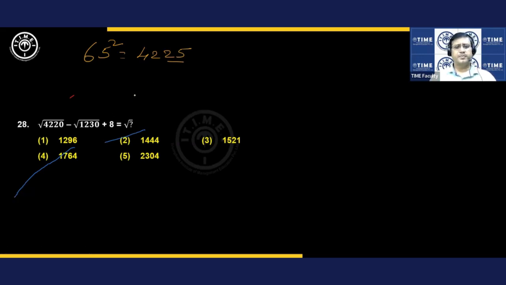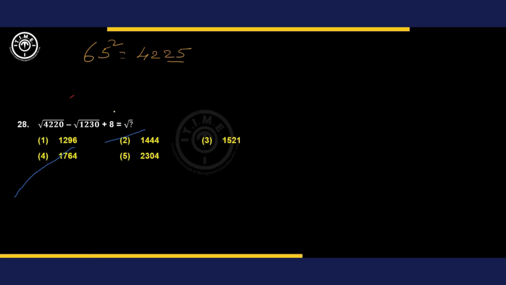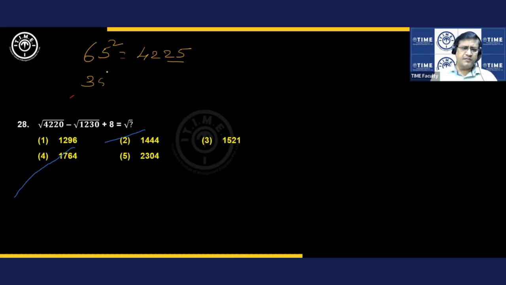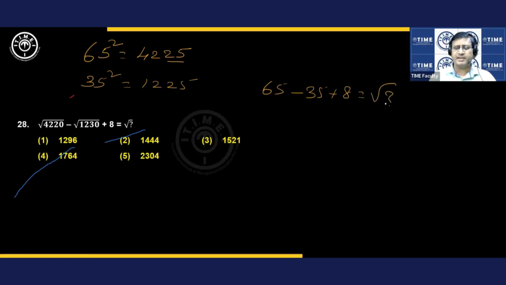Any one of you, please. 35. 30? 35. So 35 square is 1225. So 65 minus 35 plus 8 is equal to question mark under root. 65 minus 35, that is 30. 30 plus 8, 38. 38 is equal to under root question mark.